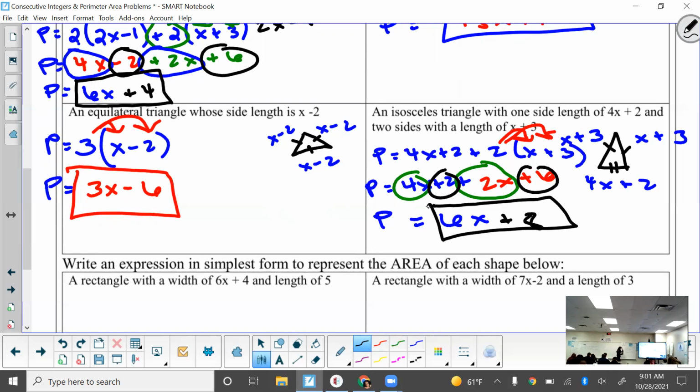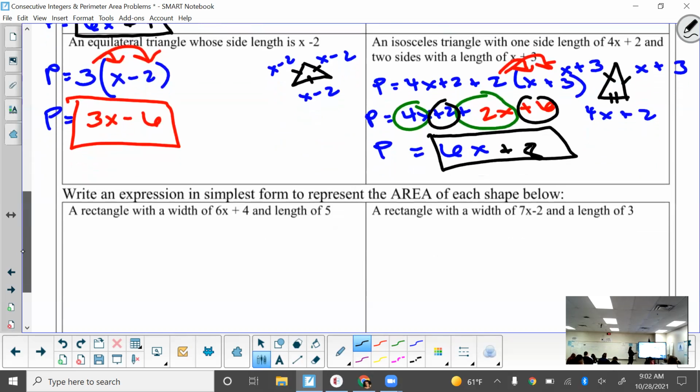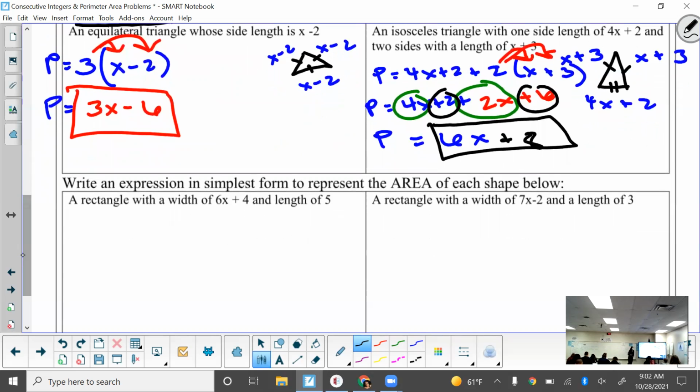All right, all I saw in your test was perimeter. But since we're talking about perimeter, we might as well talk about area. Because I know like on the ACT, the SAT, they love to talk about those. So area of a rectangle. What's the formula for area of a rectangle? Length times width. I can also draw it out.